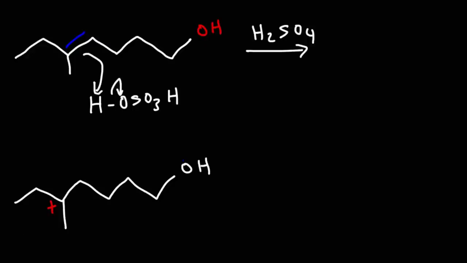Now the hydroxyl group, the OH group, is going to act as a nucleophile. It's going to be attracted to the carbocation since it bears a partial negative charge. And whenever you have this intramolecular reaction, you're going to get a ring. Let's call this number 1, 2, 3, 4, 5, 6. So we're going to get a 6-membered ring.